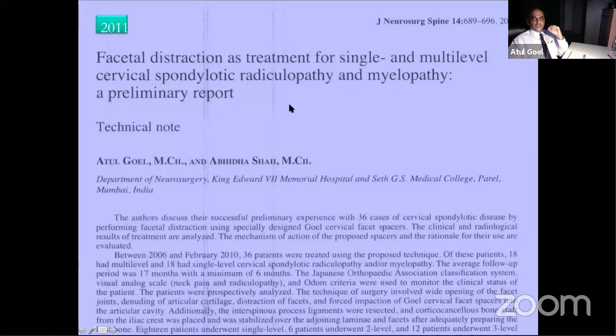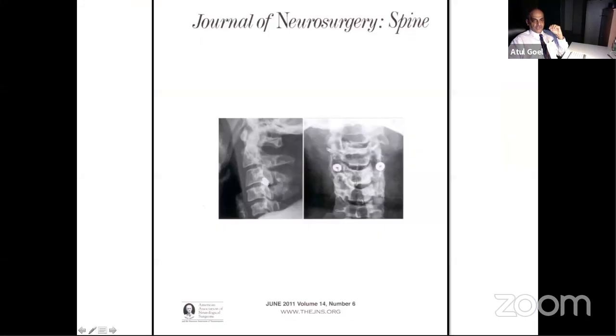It was published in the Journal of Neurosurgery in 2011, "Facetal distraction as a treatment for single and multi-level cervical spondylotic radiculopathy and myelopathy: A preliminary report," on the basis of my experience, and it was published as a cover page of the Journal of Neurosurgery.